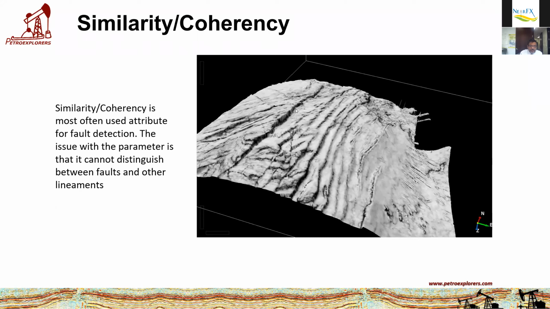It's the edge detection tool, whether volumetric or surface based, introduced a long time ago by Bahorich back in 1995. That's since been the core of all this, but it has been adopted in so many different ways to carry on into the future. That is in the base system, the similarity.